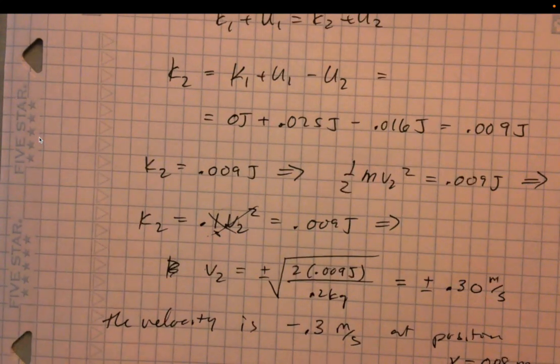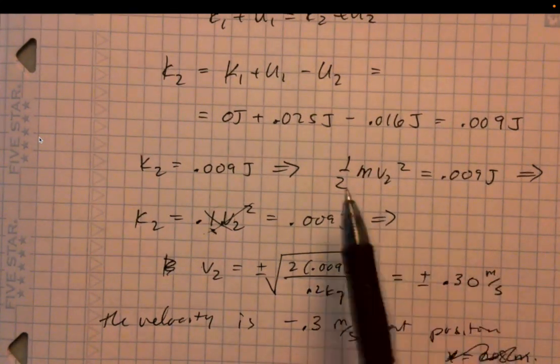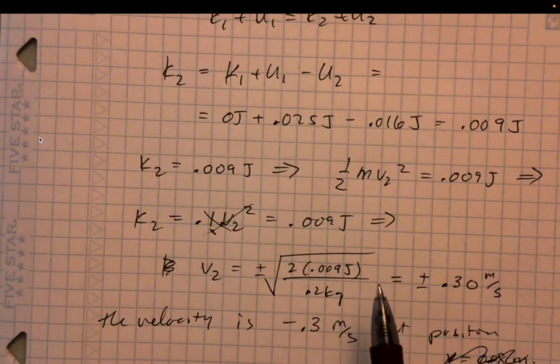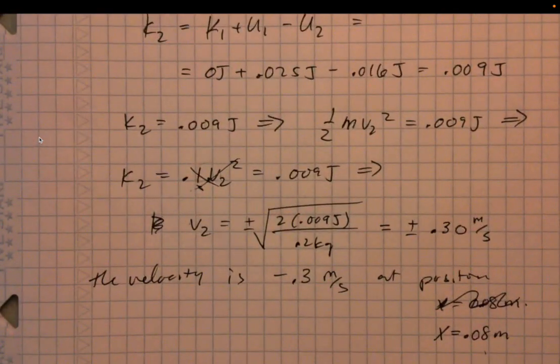Sorry, I think I had a typo up above. On the previous page I might have been using 0.8. It's 0.08, so apologies on that one. Okay, very good. That looks a lot like what you would have seen in the previous section. So if you followed all that, this is just a different way of writing the potential energy, but it's really the same kind of problem, isn't it?